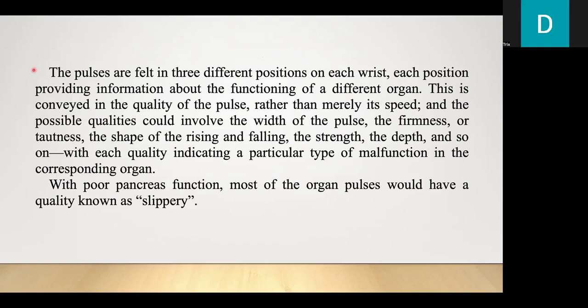This is conveyed in the quality of the pulse rather than merely its speed, and the possible qualities could involve the width of the pulse, the firmness or tautness, the shape of the rising and falling, the strength, the depth, and so on, with each quality indicating a particular type of malfunction in the corresponding organ. With poor pancreas function, most of the organ pulses would have a quality known as slippery.